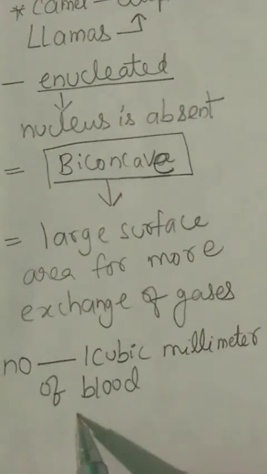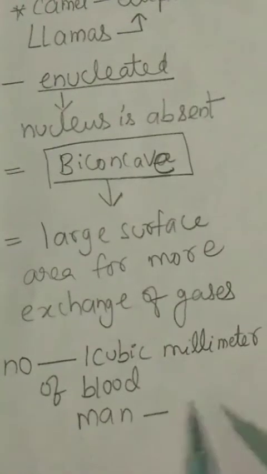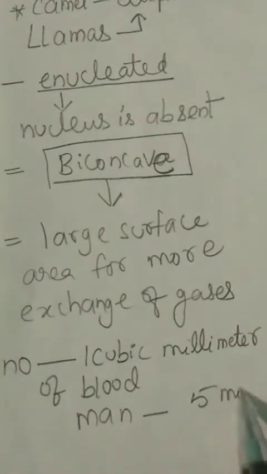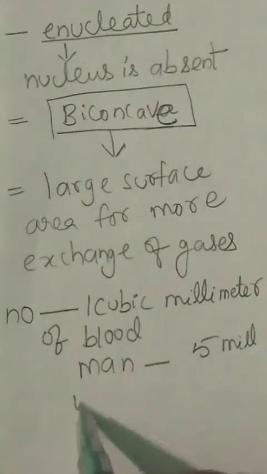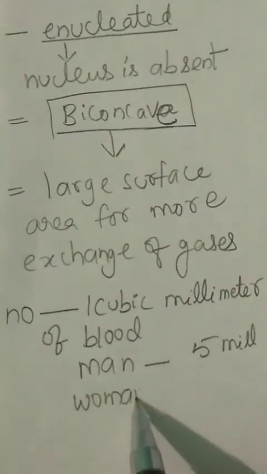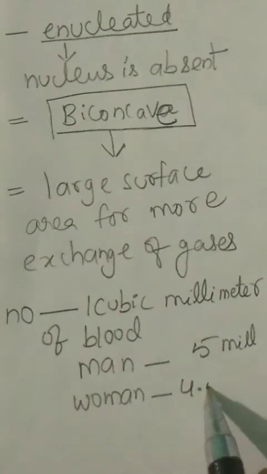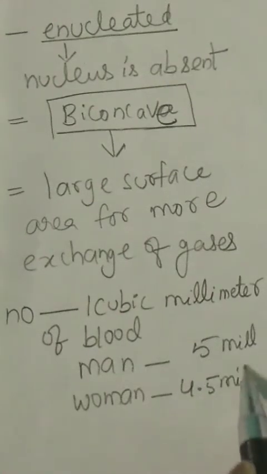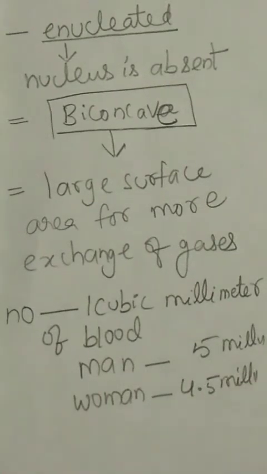In man, it is 5 million. In woman, it is 4.5 million. Number of RBC in man, it is 5 million in cubic millimeter of blood. In woman, it is 4.5 million in cubic millimeter of blood.